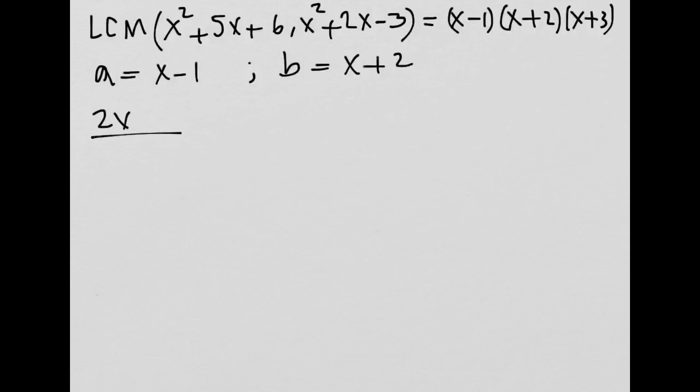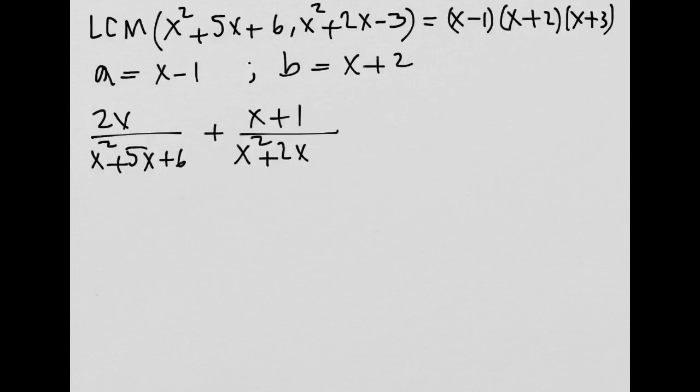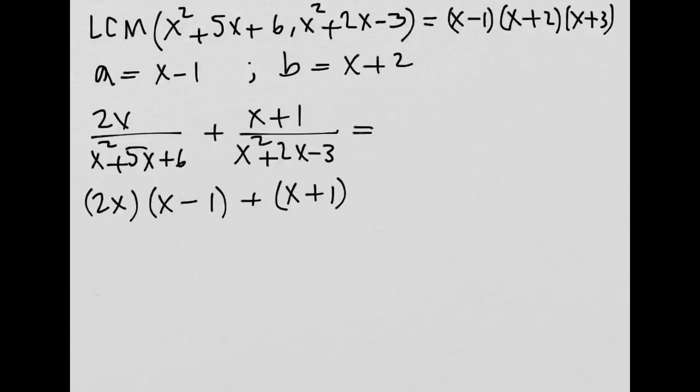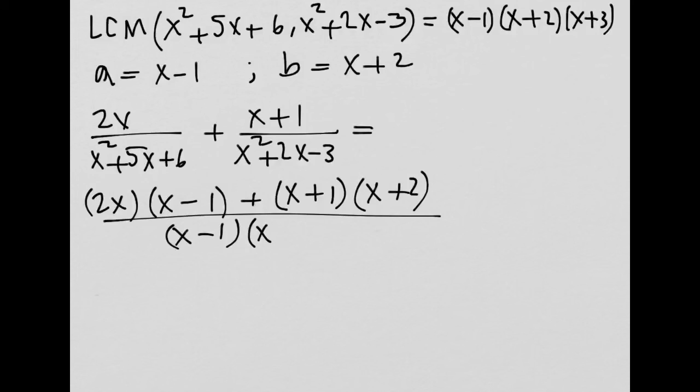2x over x squared plus 5x plus 6 plus x plus 1 over x squared plus 2x minus 3 is equal to 2x times A plus x plus 1 times B, all divided by the least common multiple, which is x minus 1, x plus 2, x plus 3.